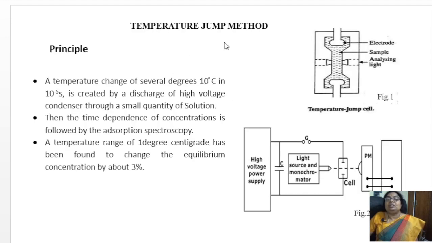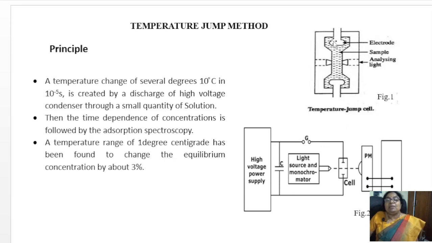First we go for the temperature jump method. This is the temperature jump cell. A temperature change of several degrees, about 10 degrees in 10 to the power of minus some seconds, is created by discharging a high voltage condenser through a small quantity of solution.